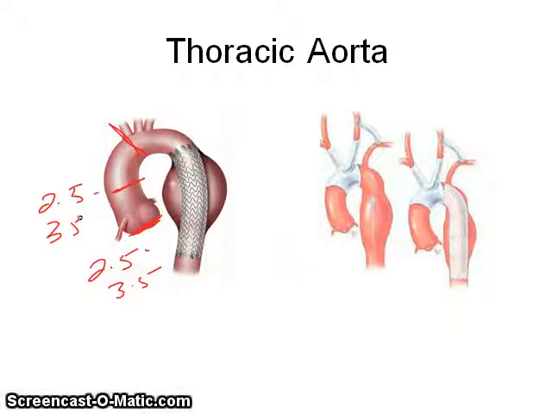The transverse and descending thoracic aorta, all of this area here, is about 2.5 centimeters in diameter.